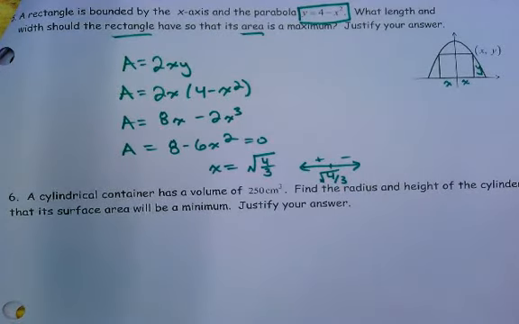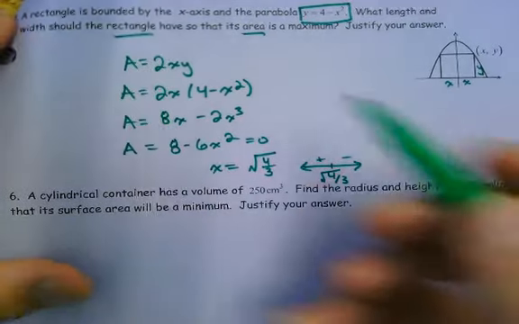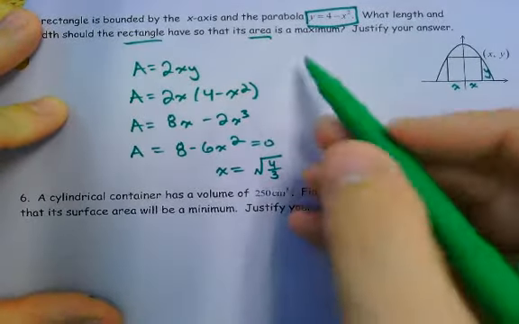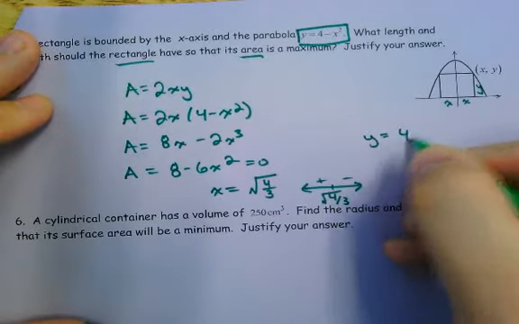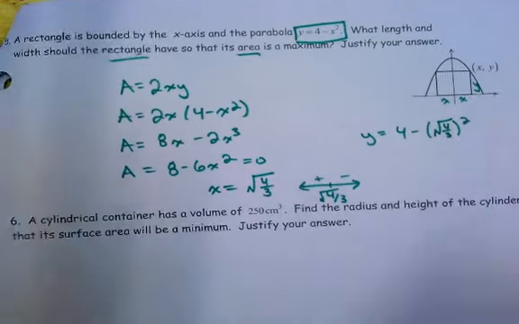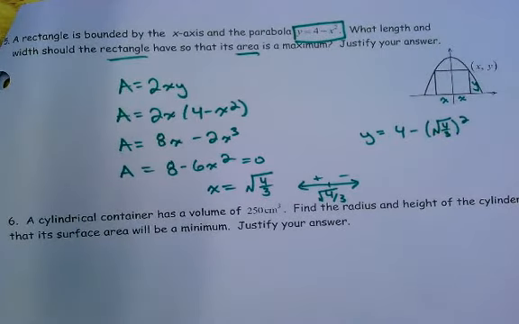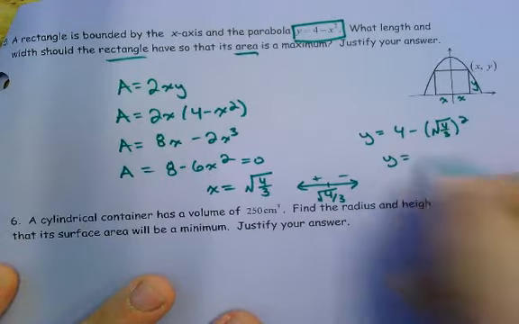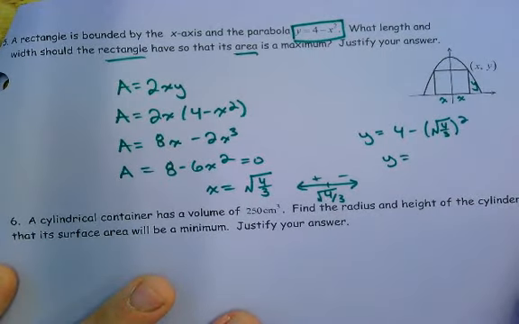Did I answer my question, though? I have the x value. I also need the y value. So y equals 4 minus the square root of 4/3 squared, which gives me 8/3.